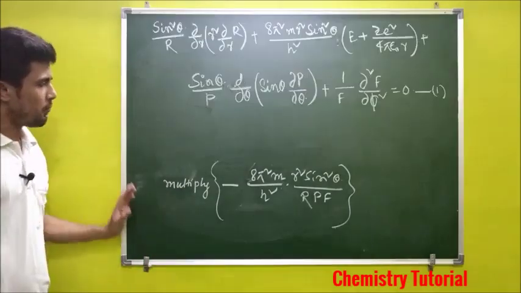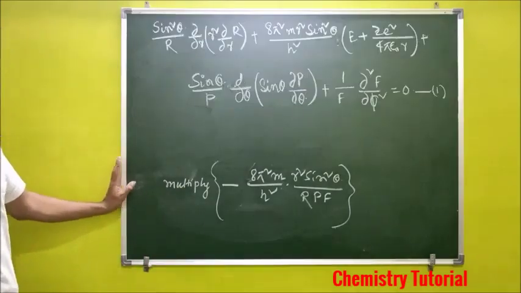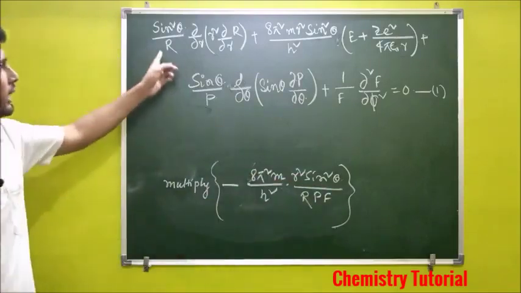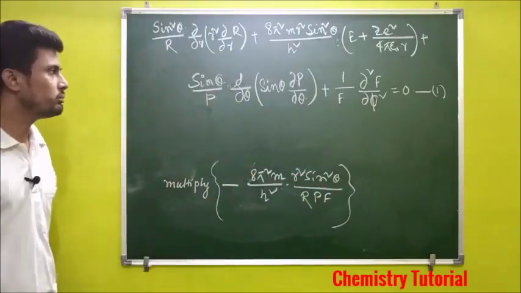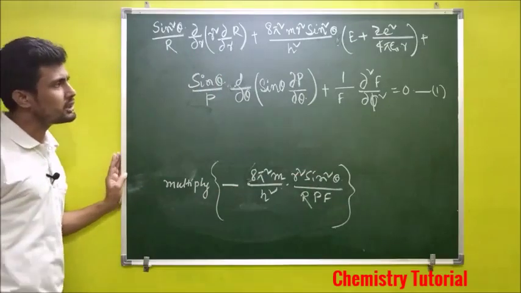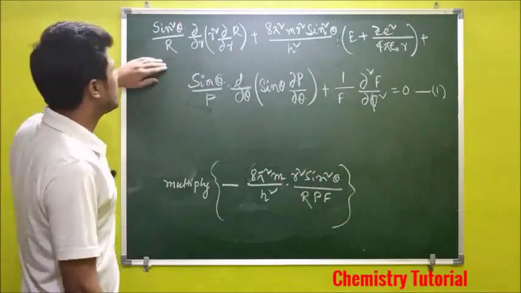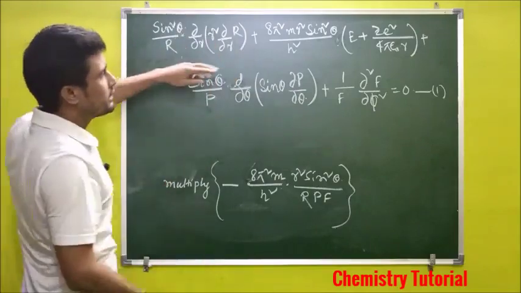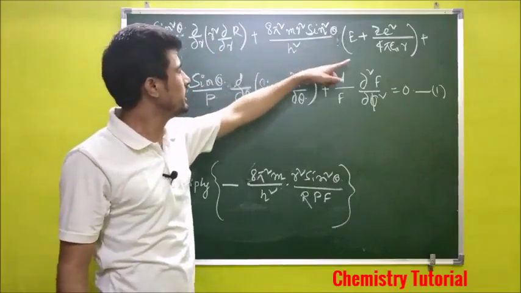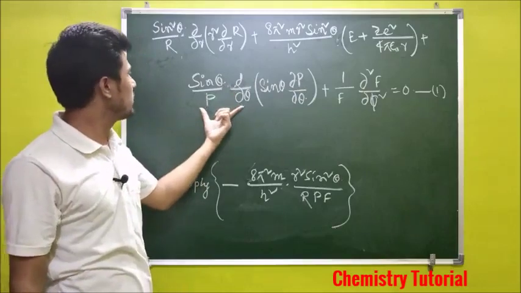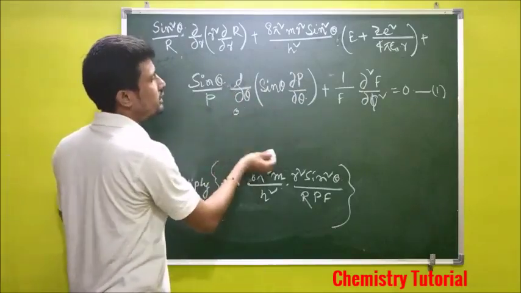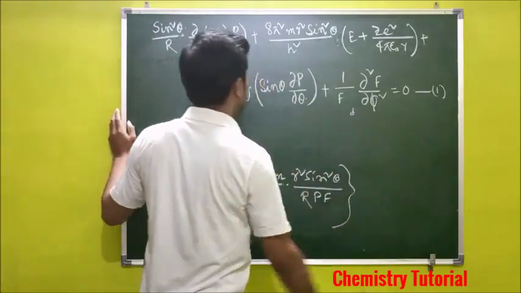So if we multiply the previous equation by this quantity, then we will have an equation like this. You can calculate, okay. So you see in this equation, this part is dependent upon R and theta. This is dependent on R and theta, and this term is dependent on only theta. This is the theta dependent part and this is only dependent on phi.